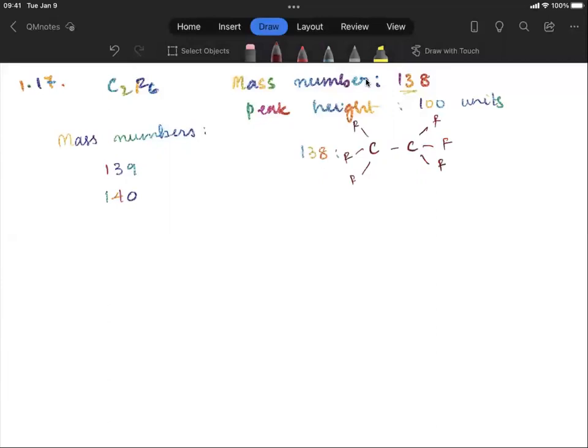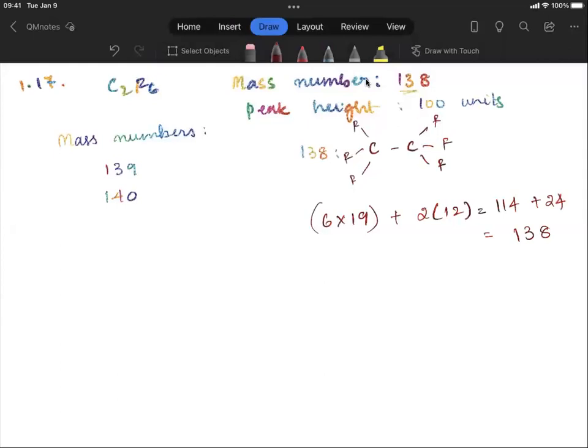So 138 is possible when all the fluorine atoms have a mass of 19 AMU or 19 units, and both the carbon atoms have a mass of 12 units. That's (138).